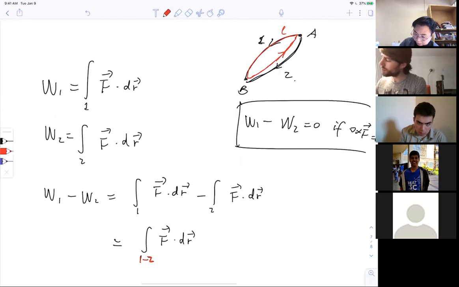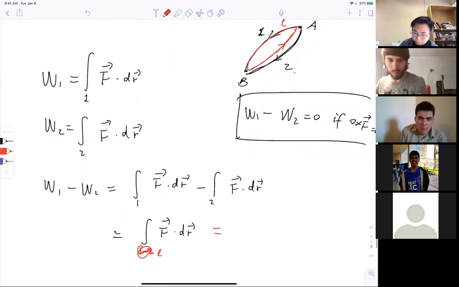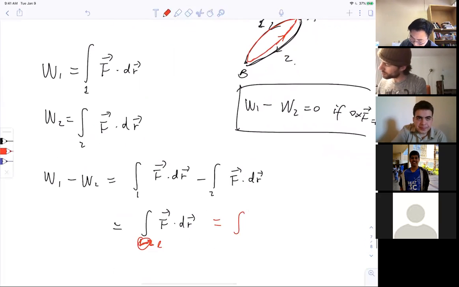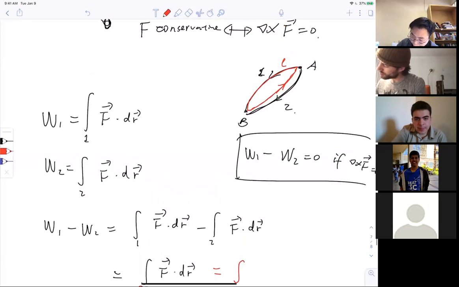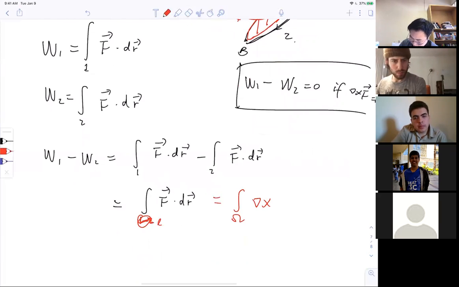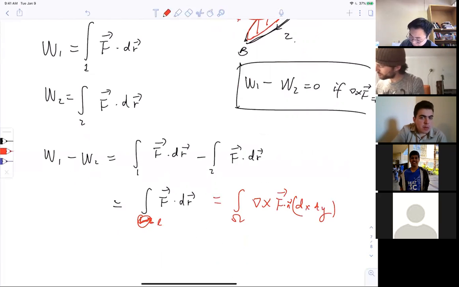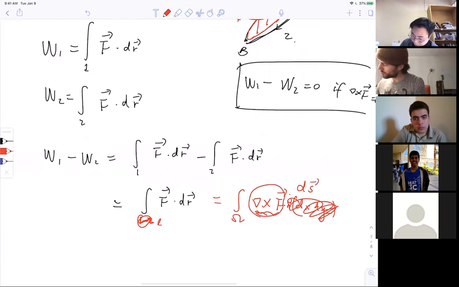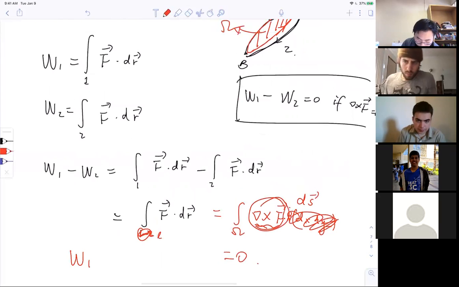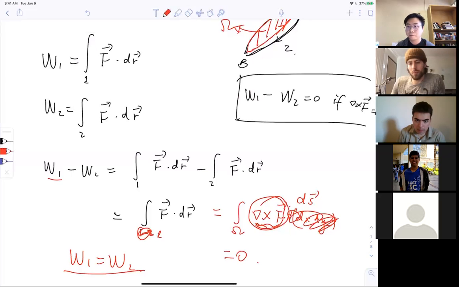So it's a loop, I denote as L. Once you have a loop, you can apply Stokes' theorem, which is just, I denote the region inside the loop as omega, then the integral over omega of del cross F dx dy, and the normal vector, or ds. So we can say that if the curl is free, this guy is 0, meaning that the work done along path 1 equals the work done along path 2.